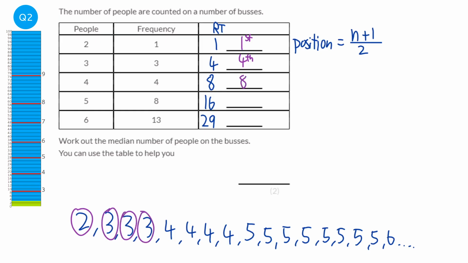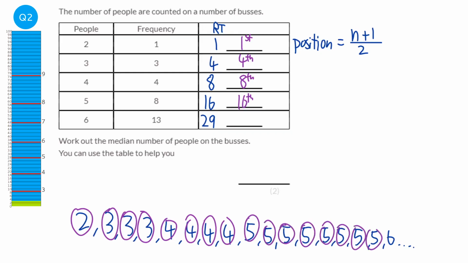This 8 shows us the 8th number is the last number that's a 4. So 4, 5, 6, 7, 8. This 16 shows us the 16th number is the last number that's a 5. So 9, 10, 11, 12, 13, 14, 15, 16. And this 29 shows us that the 29th number is the last number that's a 6.